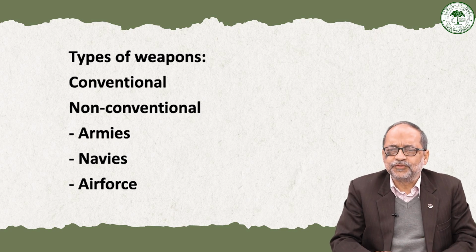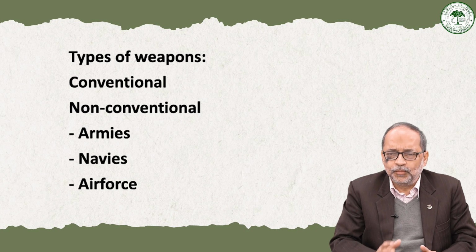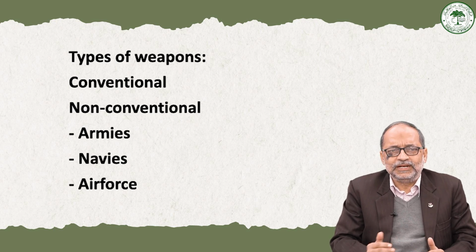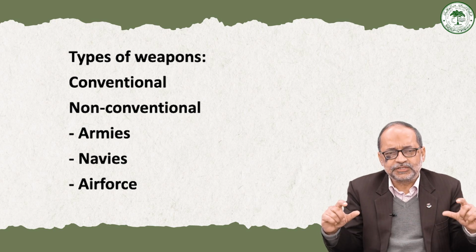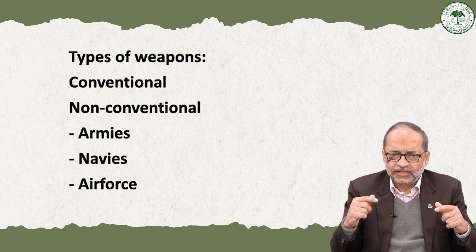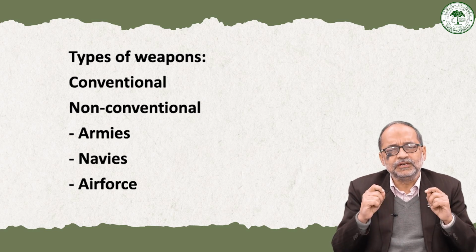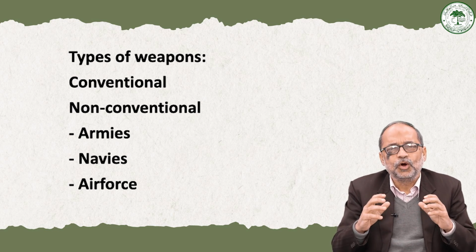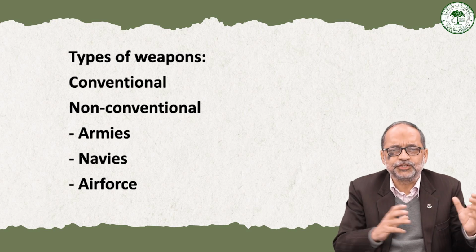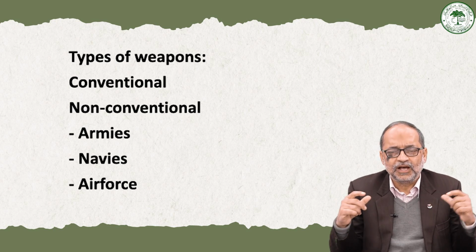The supplies come from the home country, and those supply lines to the battlefield need to be open constantly. To ensure that they are secure, the main purpose of conventional forces is to take hold or defend territory, and for that it is essential to ensure that the supply lines are open.